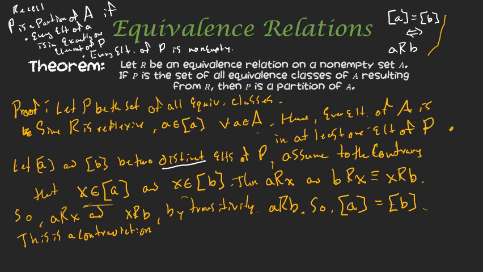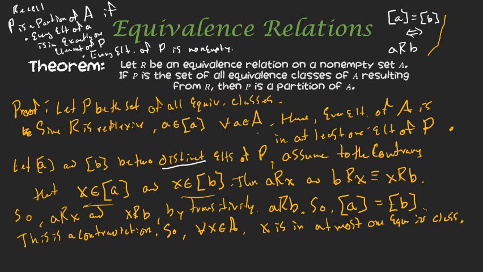We assumed these two things were true, and it led to this contradiction. So for all x in A, x is in at most one equivalence class.